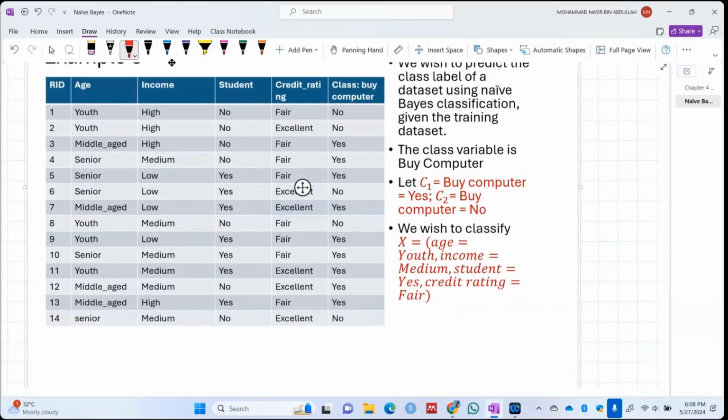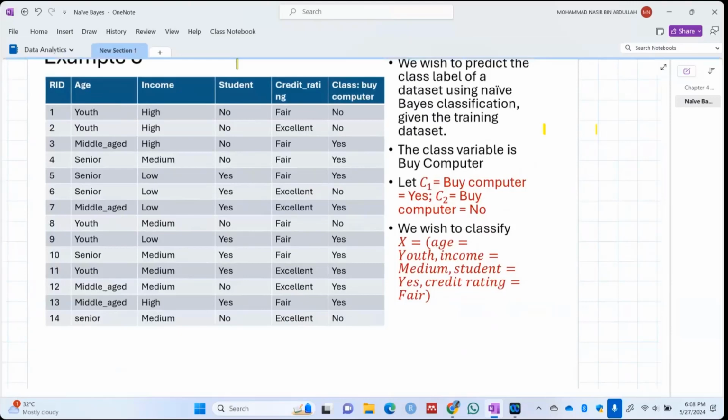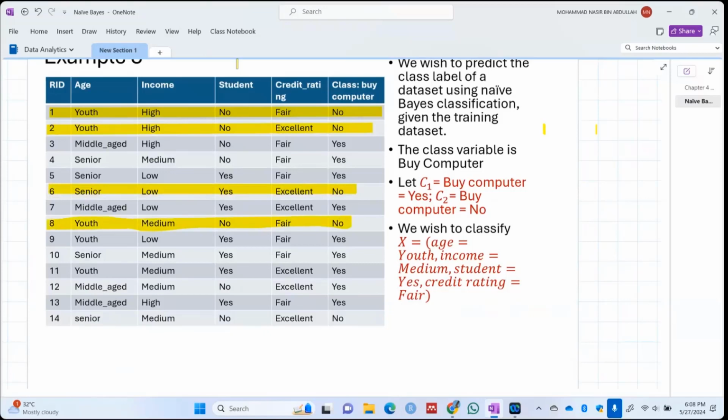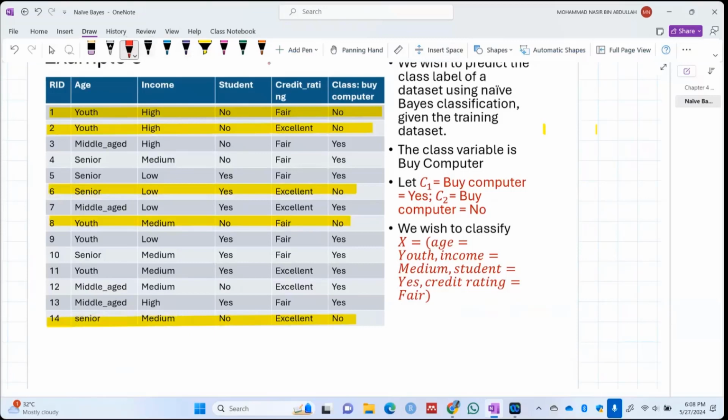Let's look at the first one, Y equal to no. Since all the independent variables are categorical, we can calculate easily by using a cross tabulation table.